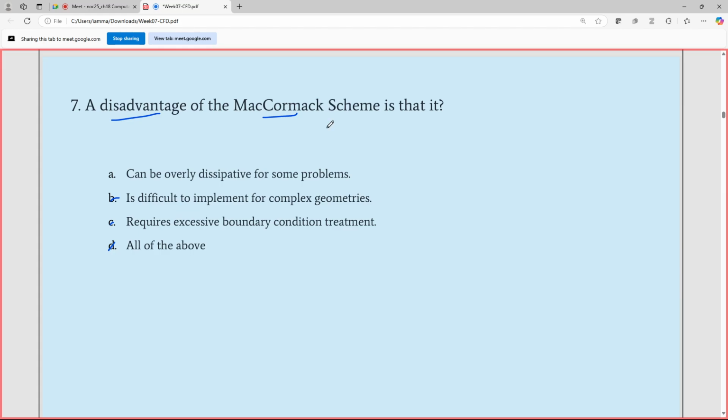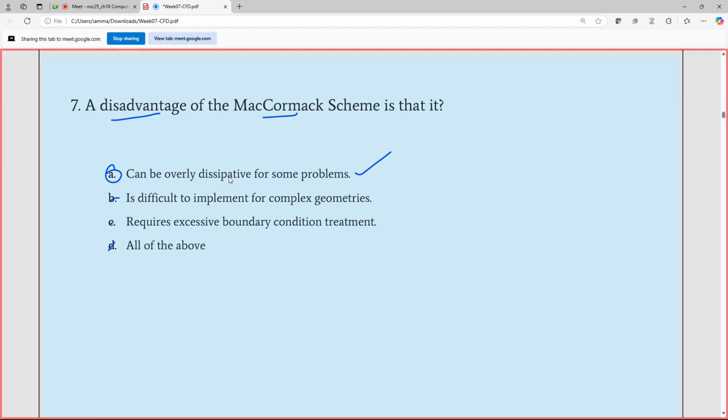Question is really intuitive, and from the previous questions I have discussed today, it can be simply seen that the answer is option A. It can be overly dissipative for some problems. We have seen that it has two steps, that is predictor and corrector, and both the predictor and corrector steps introduce dissipative property.